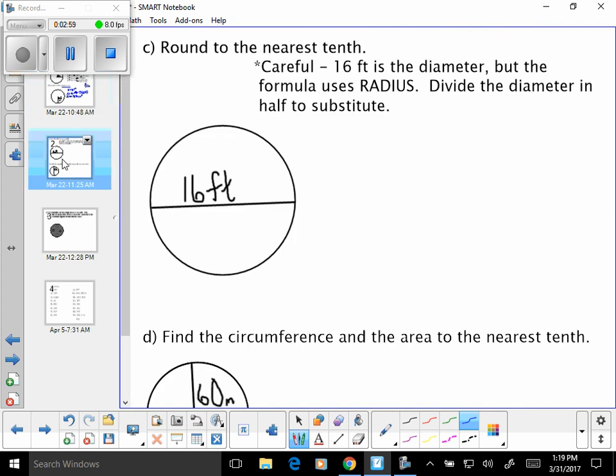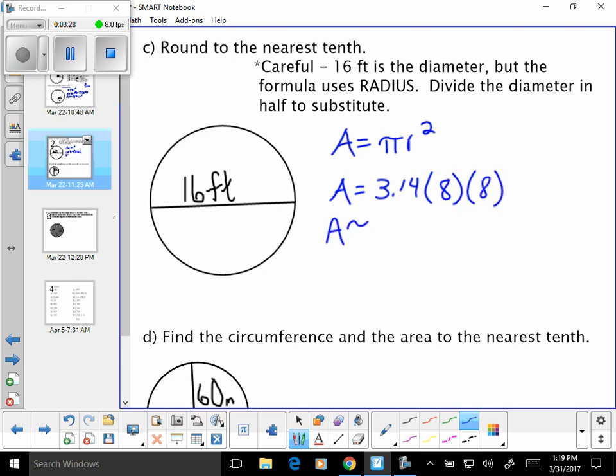Note the directions here say to round off to the nearest tenth. You also have to be careful. When you look at this diagram on C, it should kind of hit you. Whoa, they've given me the diameter. So I want to use radius, so I'm going to have to substitute using half of that. So area equals pi r squared. 3.14, half of 16 is 8, times 8.